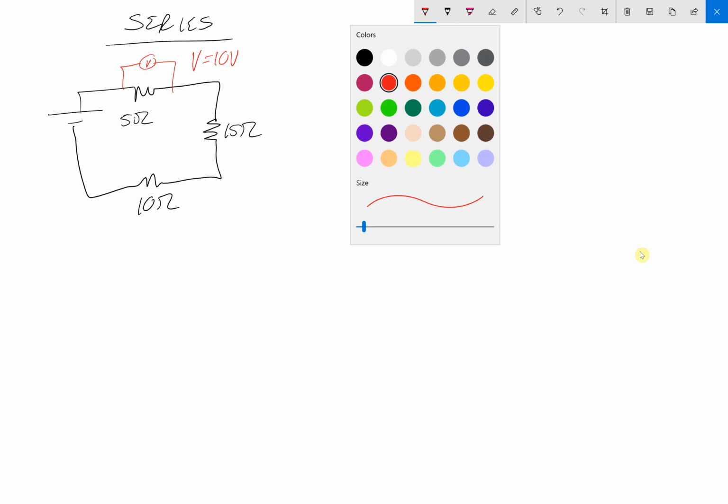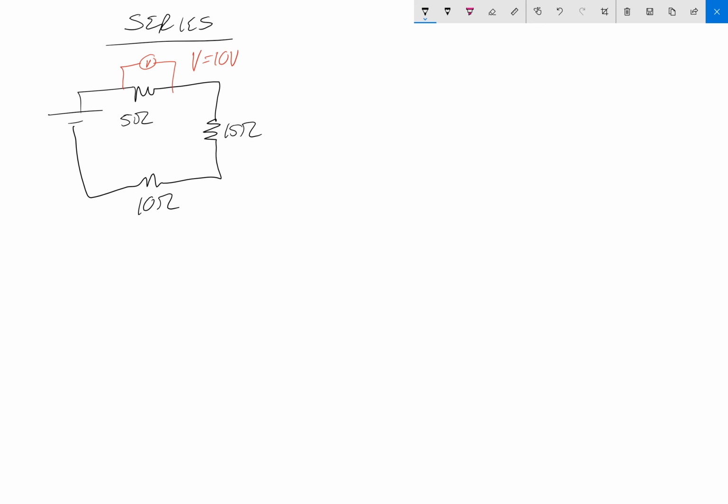We're going to address a bunch of questions. Okay, we want to know, one, the current coming from the source, the current from every resistor, so it'd be I5, I15, and I10. We want to know the total resistance of our circuit.